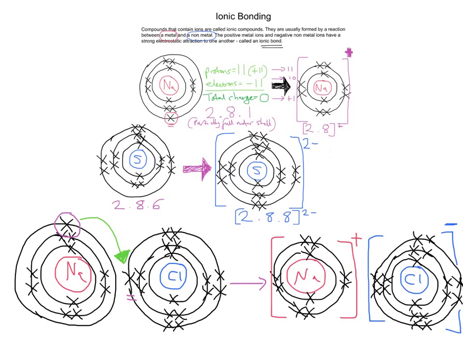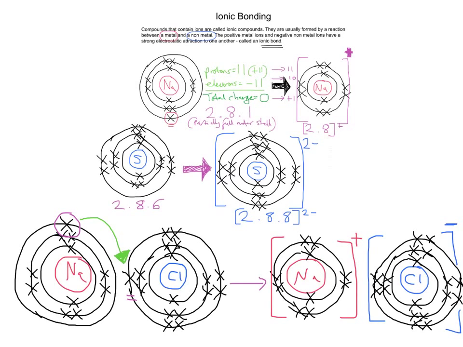So I started by just introducing the topic, and then I've got how you would show the metal atom becoming a metal cation and the non-metal atom becoming the negative anion. And then at the bottom here, just for the last few minutes, all I've done is just really show how you represent this in a schematic diagram, showing the movement of the electron, hence the green arrow that I've drawn on the left-hand side of the video.